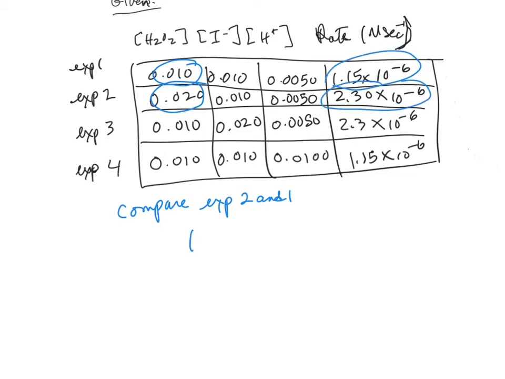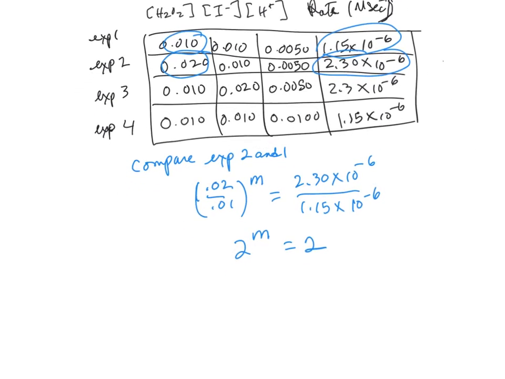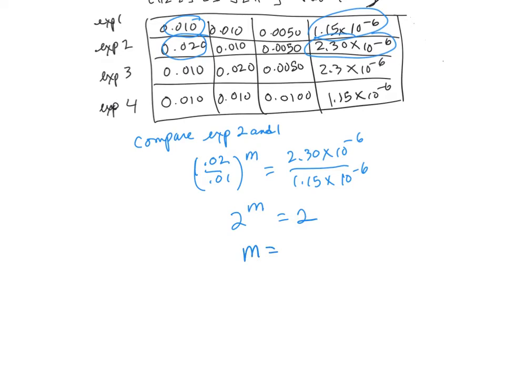So we'll say 0.02 divided by 0.01 raised to the power m, and that will be equal to 2.30 times 10 to the minus 6 divided by 1.15 times 10 to the minus 6. So we're going to get 2 to the power m is equal to 2. So here we get m is equal to 1. So 2 to the power 1 is equal to 2.